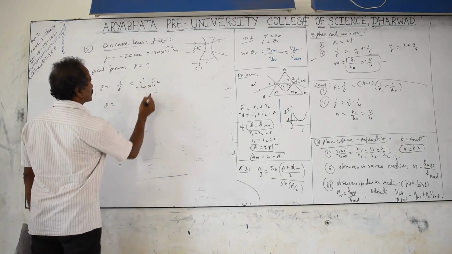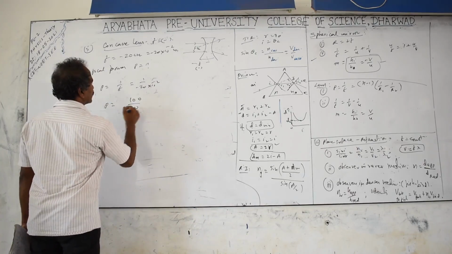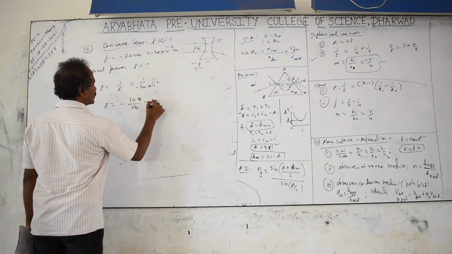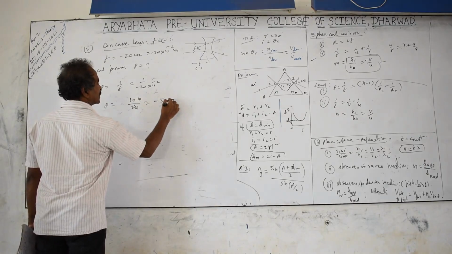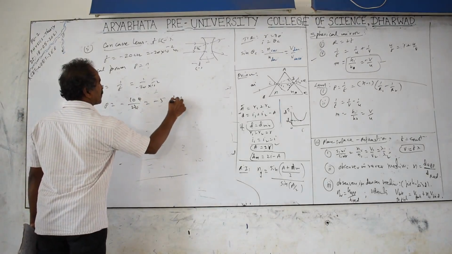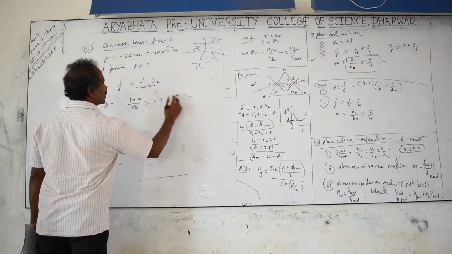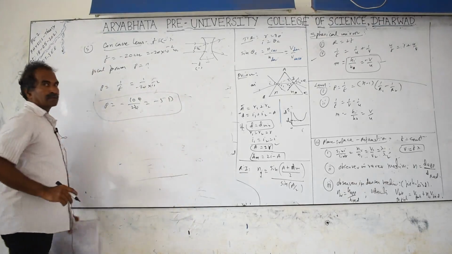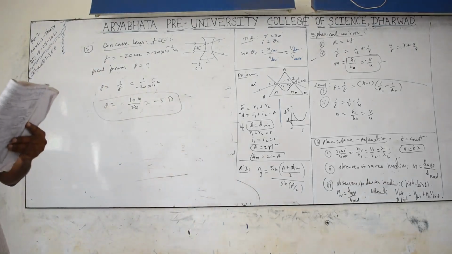Taking the numerator out, 100 by 20 with a negative sign, which is minus 5 diopters. Or we can simply use the symbol D. Next problems we will discuss in the next class.